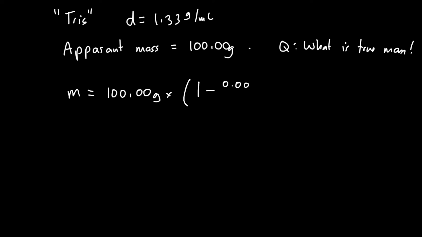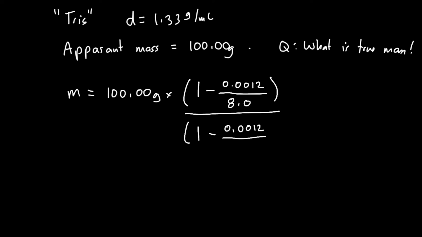All these densities are in grams per milliliter, so I'm going to leave the units out. This is the density of brass, 8 grams per mil. Again, all the densities are in grams per mil, so we can leave them out. And divided by 1 minus the density of air, divided by the density of the tris by itself. So the tris, 1.33. So if these were the same, the apparent mass and the true mass would be identical.